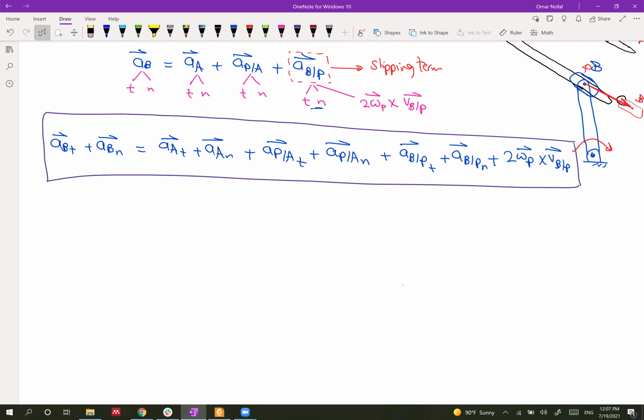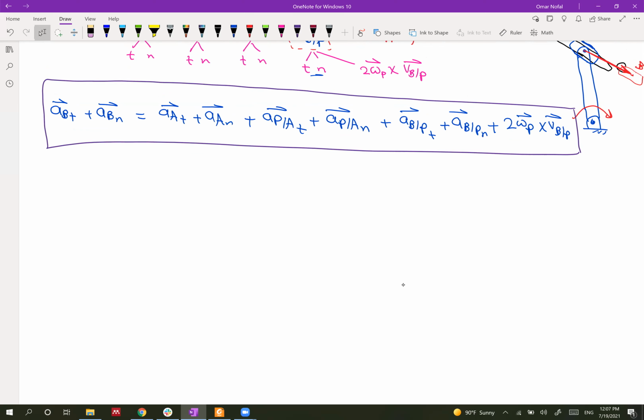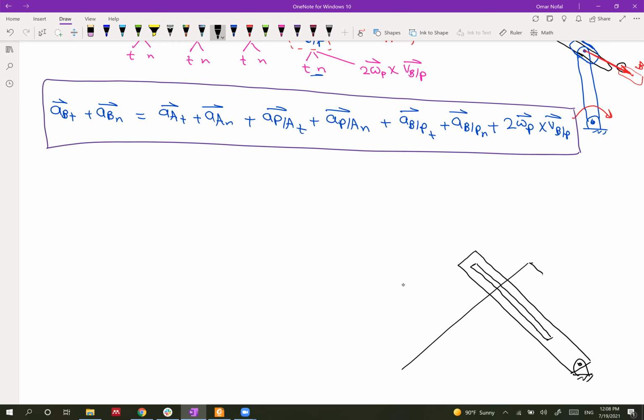So for this, let's have a body like this, and we have a small groove here, something like that. And we have a body that intersects here at this location, and there's like a bend that allows this body to move on the other body.